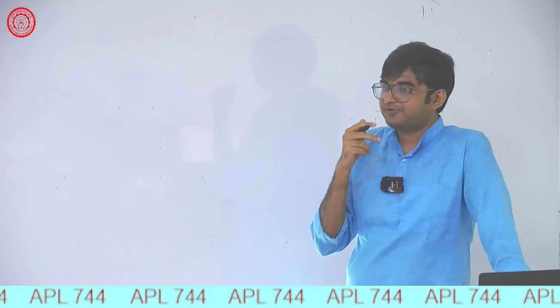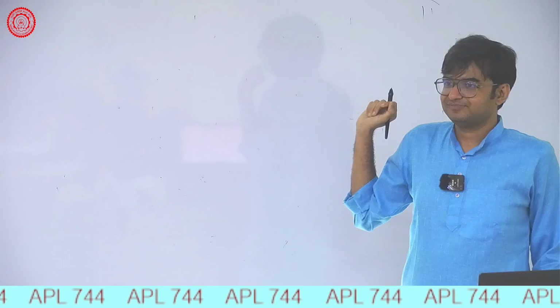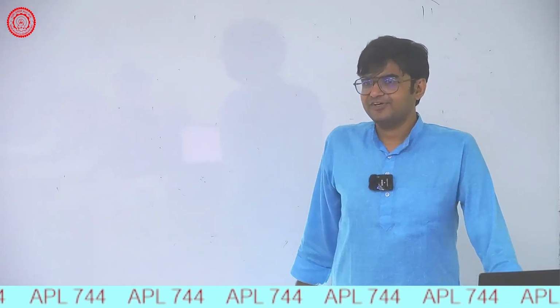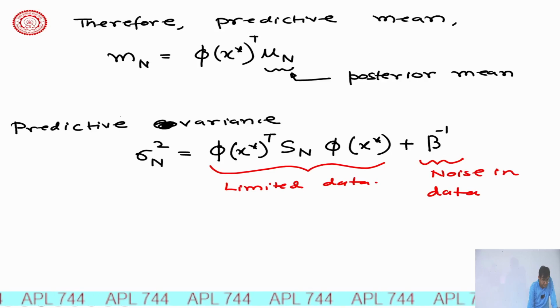Now we have done these derivations, but what was the assumption in our derivation? Beta is known, which is not the case in general. So let us now go to the case where beta is unknown, or rather we will consider sigma square to be unknown. You can do it with beta also, but we will do sigma square so that I can show you both ways of doing things.